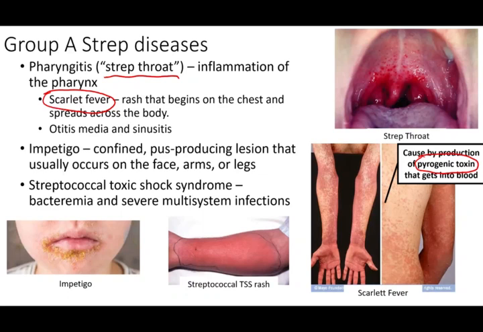Group A is also known to cause ear infections and sinus infections, so that can be related to strep throat, or it can be on its own. Impetigo we saw under Staphylococcus, which is this crusty scab, pus lesions often on the face, but can be other areas as well. And then toxic shock syndrome.